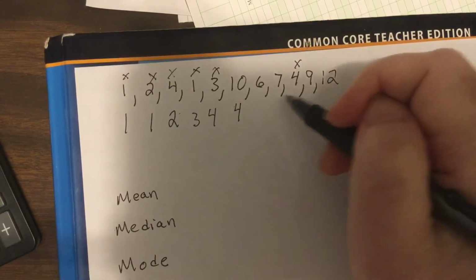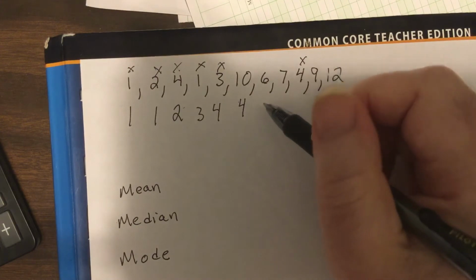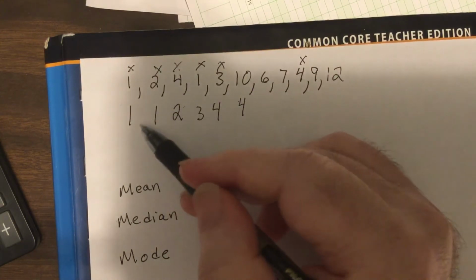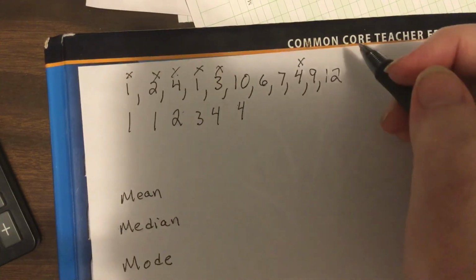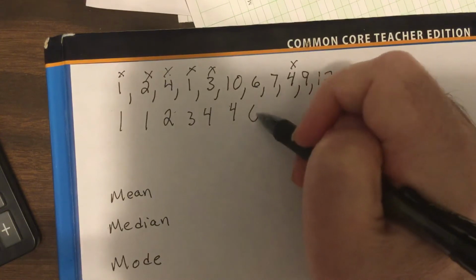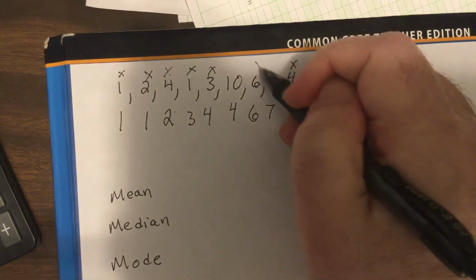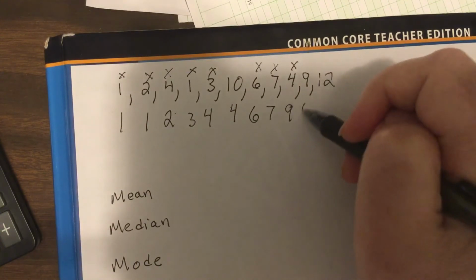So maybe this is a rating of a restaurant, 1 to 12, and how good it is. I would say, wow, something's wrong. Maybe the service is bad, or maybe you burnt the food. Let's see, what's next? We have a 6, we have a 7, we have a 9, 10, and 12.